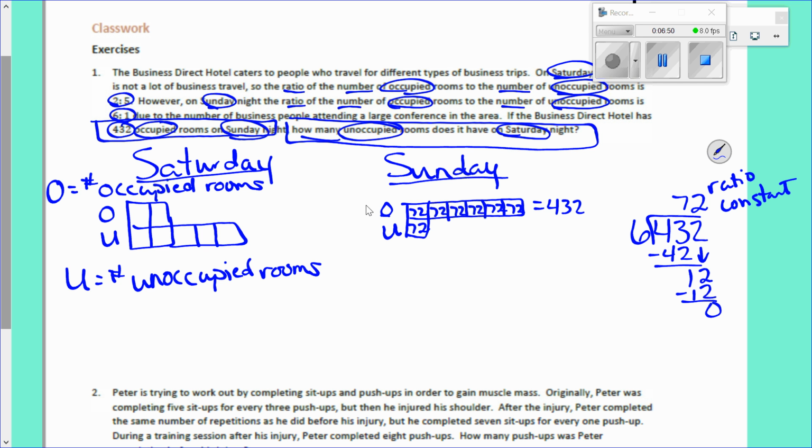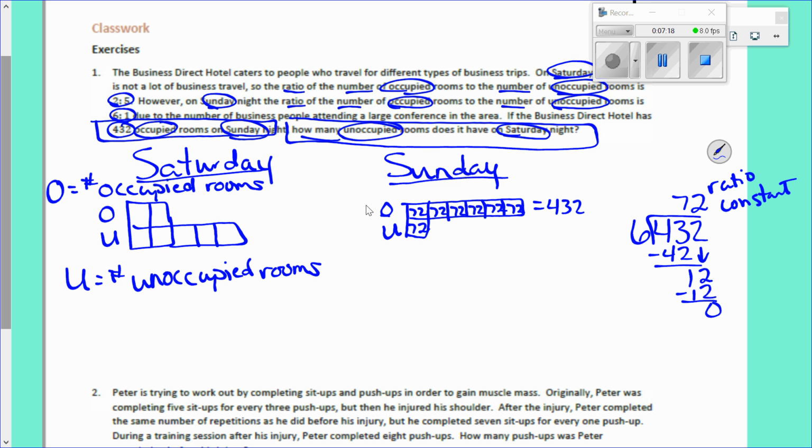Now here's one of the things I don't necessarily like about this lesson. They've actually designed all these problems to make this happen. But here's a key factor in this. Did my hotel change? Still talking about the same hotel, right? Did they do any additions overnight? Or take away any rooms overnight? No, so I have the same number of rooms, right? And the ratios, I have 2 and 5, so that's a total of 7 boxes.